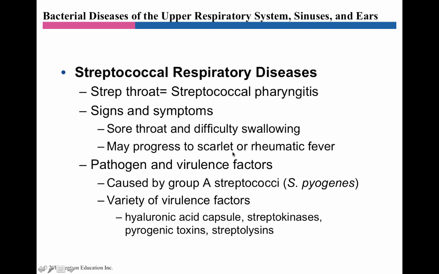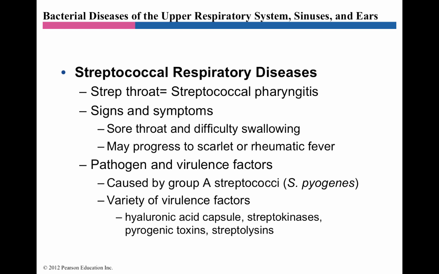In order for you to get scarlet or rheumatic fever, this would have to be a strain of the strep that has a gene for a specific toxin. The toxin is called a pyrogenic toxin. This is an exotoxin that is known to damage the plasma membrane of blood capillaries under the skin.